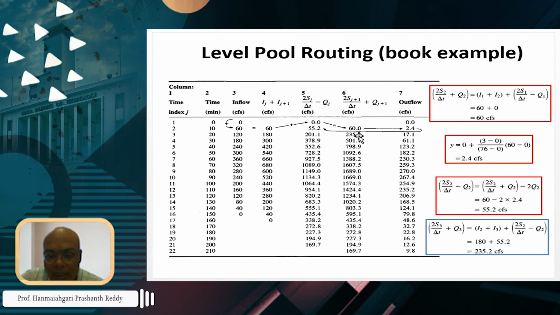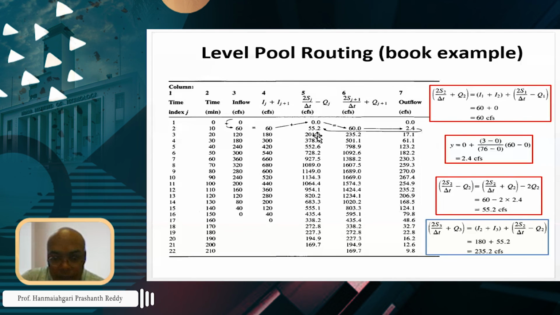Then we need to calculate the outflow Q. By using linear interpolation, we can calculate that as 2.4 cubic feet per second. Once this 2.4 is obtained, we need to find this 2Sj by delta t minus Qj, obtained as column 6 minus 2 times column 7, that is 60 minus 2 times 2.4, that comes to 55.2.